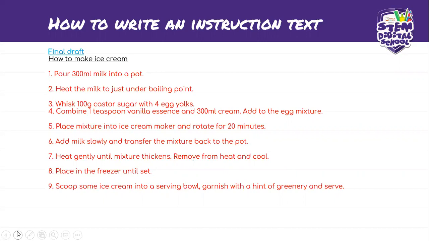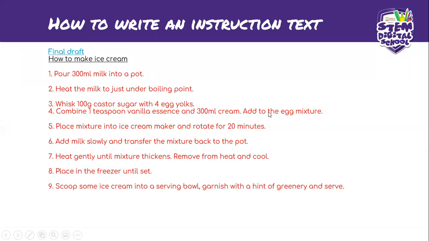Okay, so yes, that is really what it is all about. If you look at it, you realize that I prefer to use numbering instead of bullets. Another thing is that we wrote in sentences. So unlike other transactional text, with instruction text we use sentences.